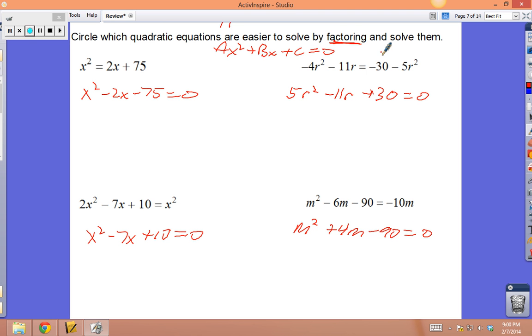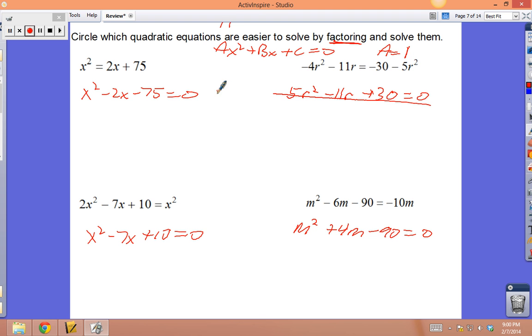Okay, now factoring, I definitely use when a is equal to 1. So I am going to dismiss this guy right here. We're not even going to try and factor this. So do there exist two numbers, two integers, that multiply and give you 75 and add and give you 2?